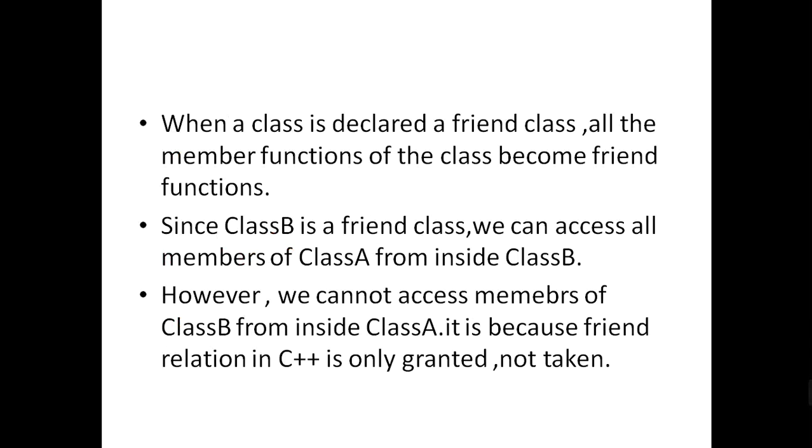We can access all members of class A from inside class B, but we cannot access members of class B from inside class A, because the friend relation in C++ is only granted, not taken. Okay, this is the rule for accessing friend classes.